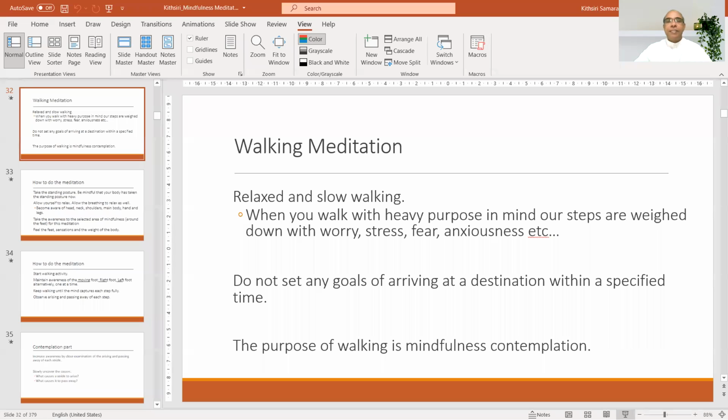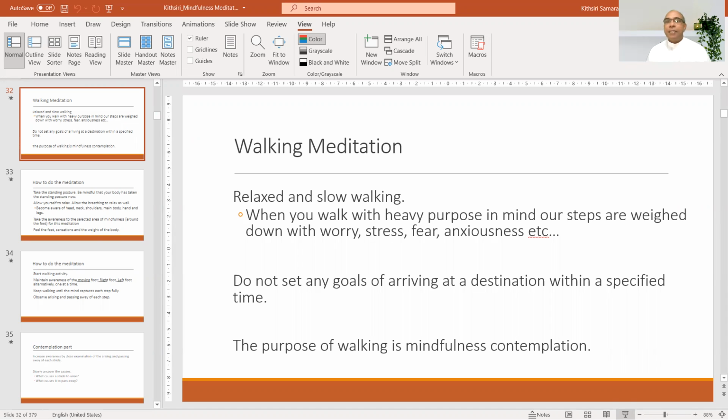Take the awareness to the selected area of mindfulness. What is the selected area of mindfulness for this meditation? That is around the feet. It need not be the bottom of the foot, but it will be the feet in general. Right? So that is the area where our attention will be kept.